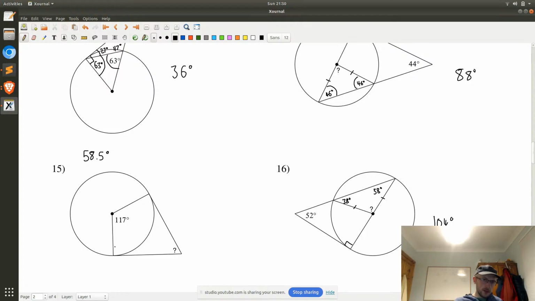Okay, well, this is a kite. So that's X. And that's X as well. And X, isn't it the case that X and X is 180? Because they're tangential, aren't they?